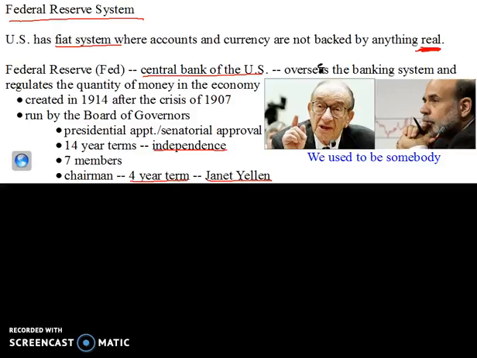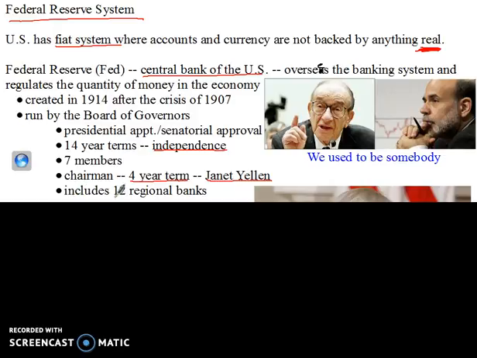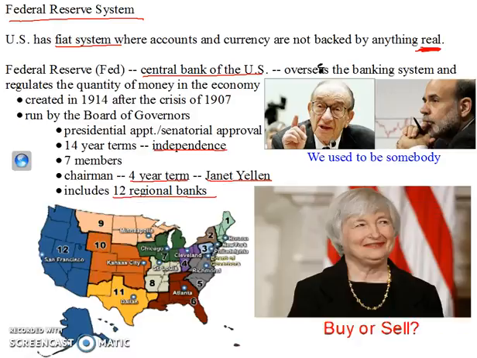And we'll show you Janet Yellen here in a second. The Federal Reserve System includes 12 regional banks that support the Federal Reserve Bank. So, first of all, this is Janet Yellen, and she is the current chairperson of the Federal Reserve. She's in control of these 7 members who make up the Board of Governors.